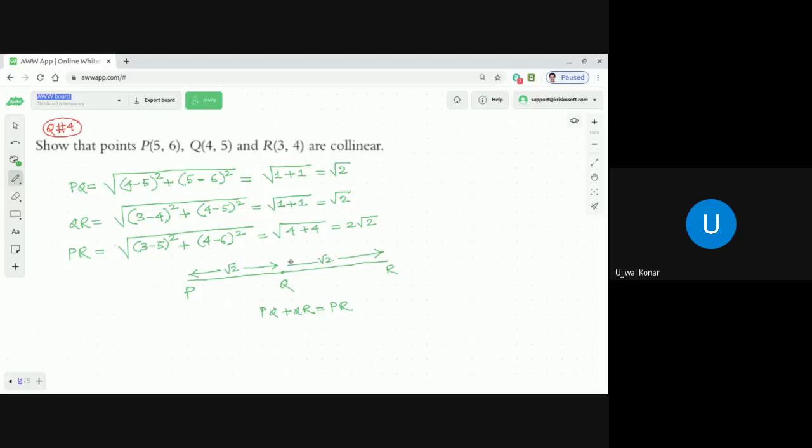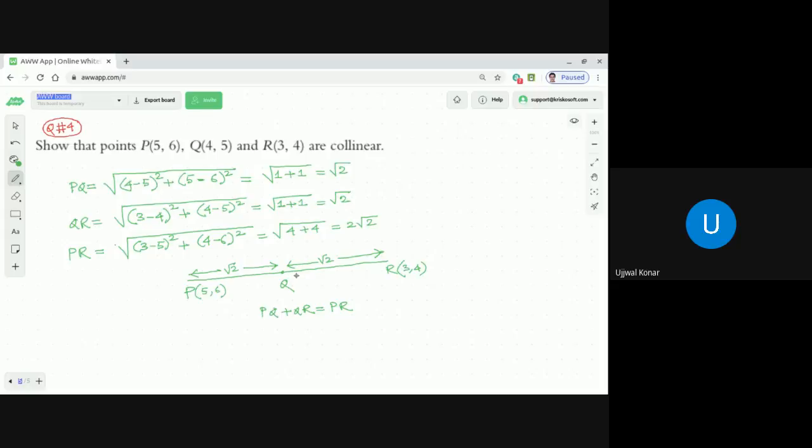In fact, there is a relationship between PQ and another thing. Q is the midpoint of PR, if you notice. Correct or not? What is the coordinate of the point P? Yes, sir, 5, 6. What is the coordinate of the point R? 3, 4. Without looking into whatever the coordinate of Q is given, you can find it out.